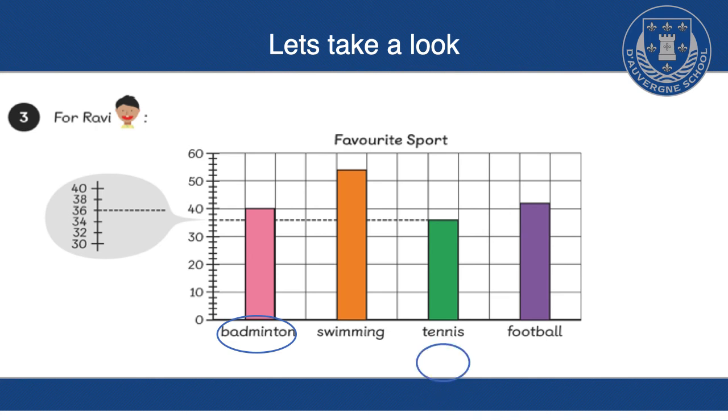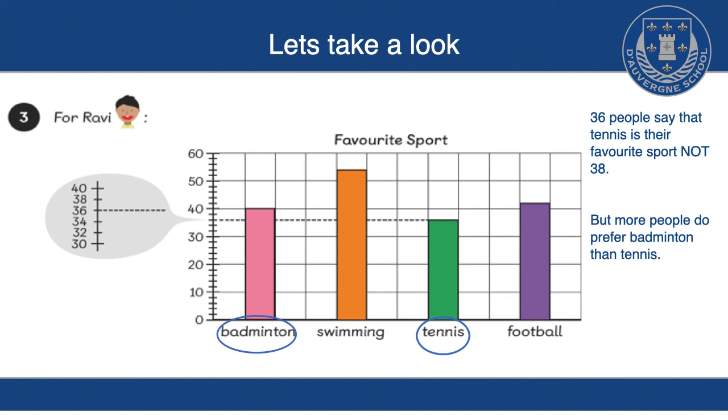So like we've said, 36 say tennis is their favourite sport and not 38, and more people prefer badminton than tennis. So he was not all correct, but some of them were. If we look at that question, really, it was Amira that had all of her statements true.